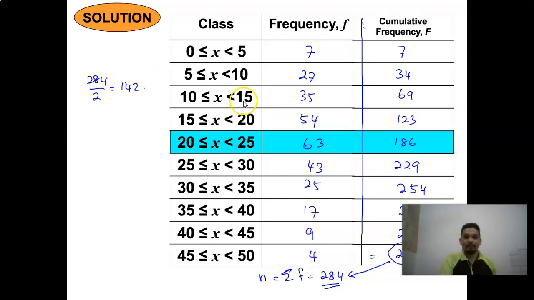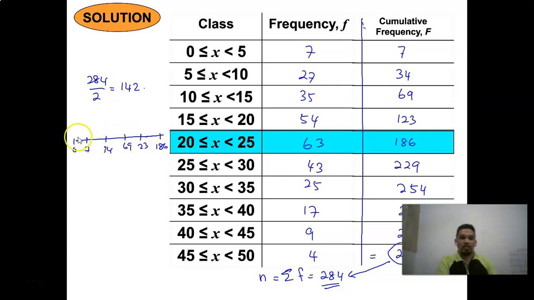Okay, now class, from 0 up to 7, and then plus 27, it ends up at 34, and then 69, then 123, the cumulative frequency here, until 186.